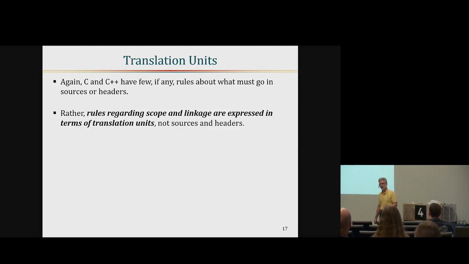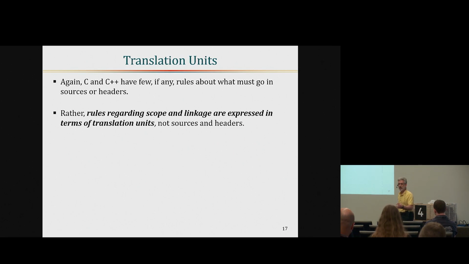The reason why translation units are so important is that many of the semantic rules regarding things like linkage and storage duration are not expressed in terms of headers and source files, but in terms of translation units. Some of you may be familiar with the famous C++ rule known as the ODR, the one definition rule. That's all expressed in terms of translation units, not headers and source files.